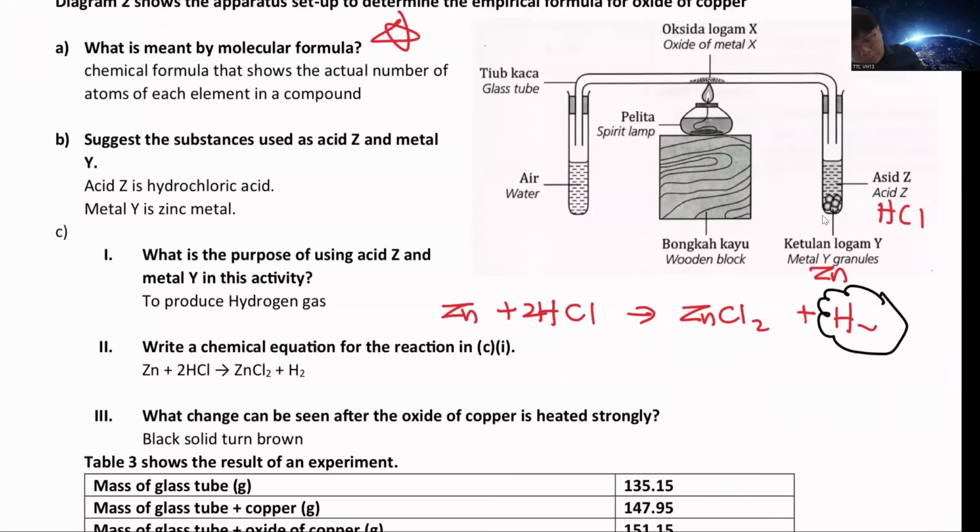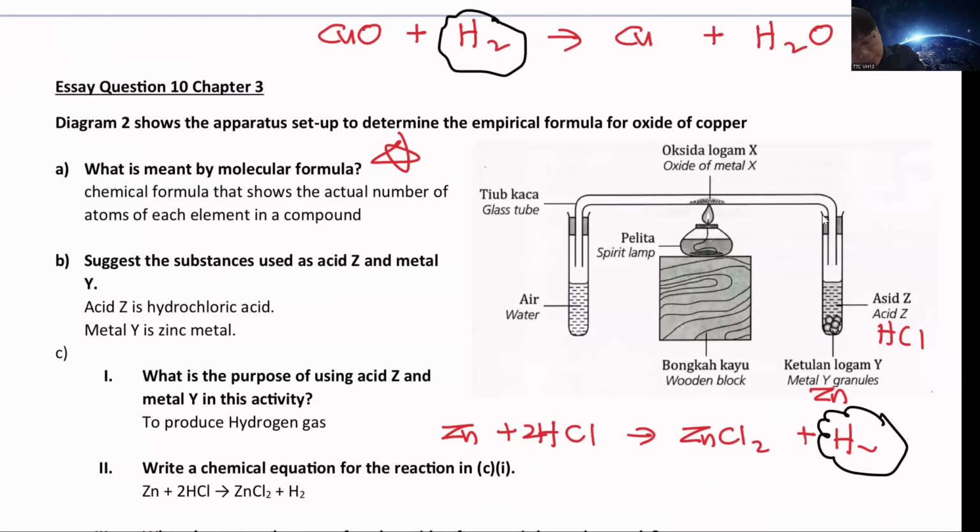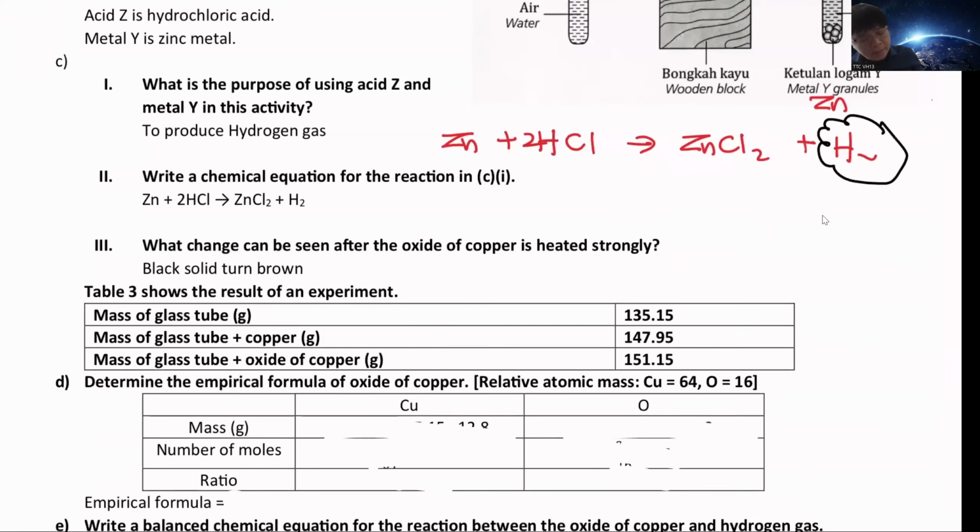Because CuO is a black solid and copper is brown, you can write that the black solid turns brown. Then this is the equation. The empty glass tube, the empty glass tube with copper, and the empty glass tube with copper 2 oxide. So in this case, to get the copper, you take this minus this, because we cancel, we get the copper.